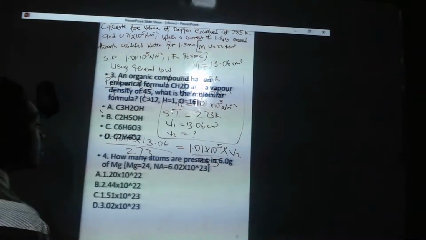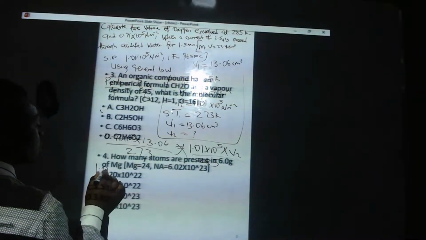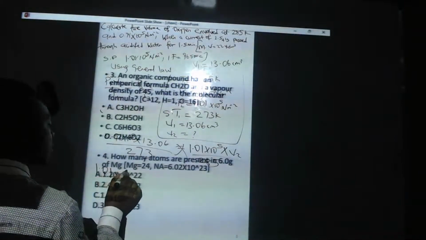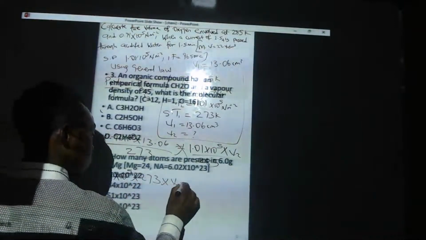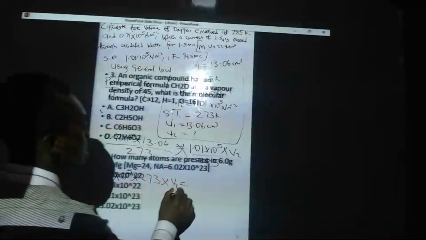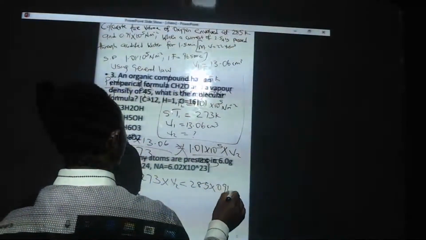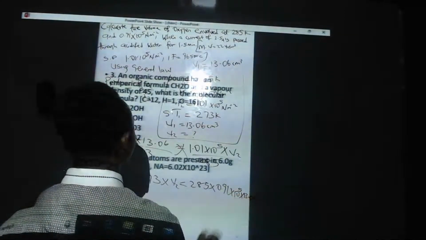Since we are finding V2, cross multiply, so you'll be having 1.01 times 10 to the power of 5 times 273 times V2 equals 285 times 0.91 times 10 to the power of 5 times 13.06.